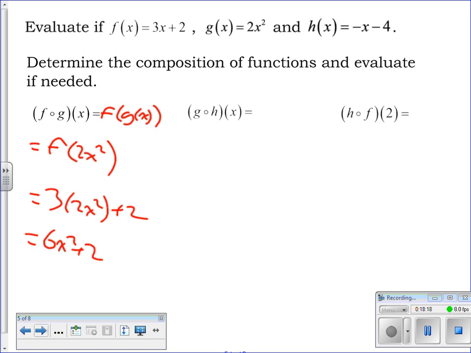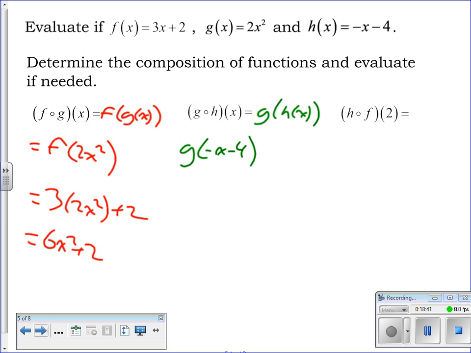Okay, so I want g composed of h, which means that I have g of h. Which means that I'm taking g of negative x minus 4.